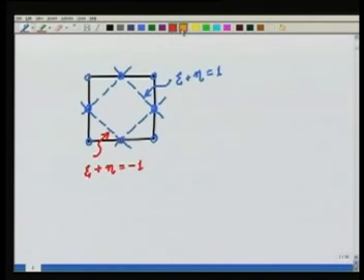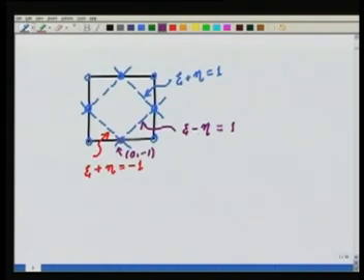This one is psi minus eta equal to 1: at eta equal to 0, psi is equal to 1, and when psi is 0, eta is equal to minus 1.